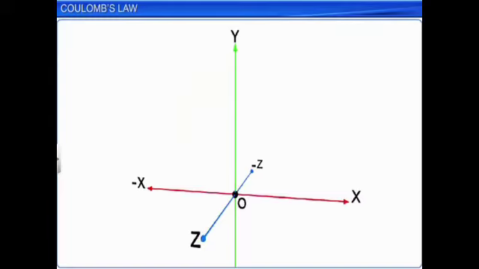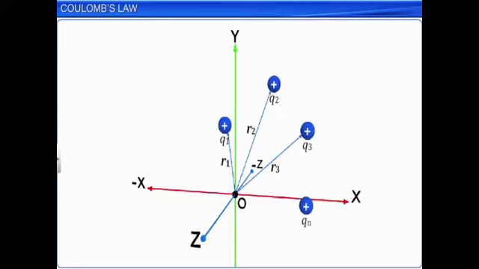Let us now consider a system of charges Q1, Q2, Q3 and so on till Qn as shown in the figure with position vectors R1, R2, R3 till Rn with respect to the origin O. We know that electrostatic force, as given by Coulomb's law, exists between every pair of charges of the combination.